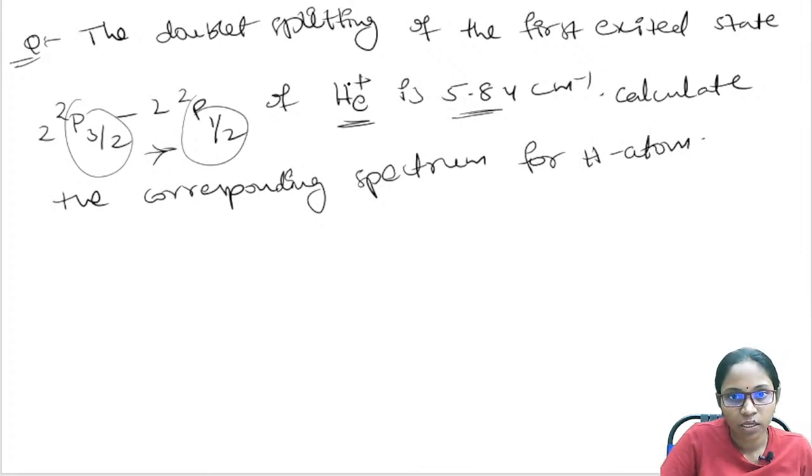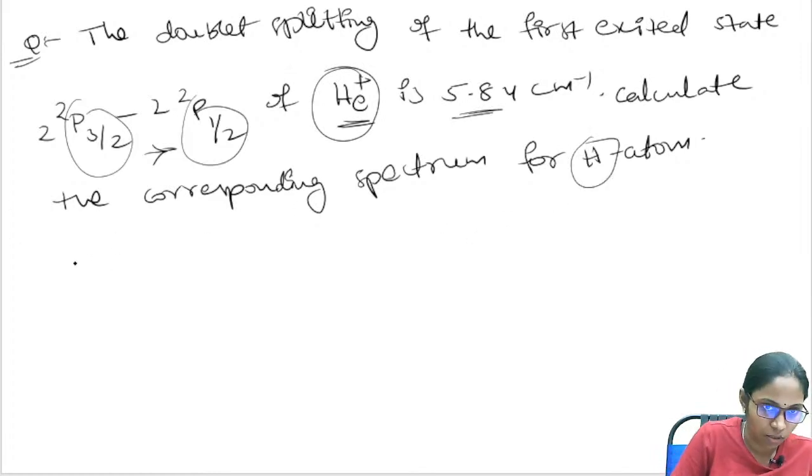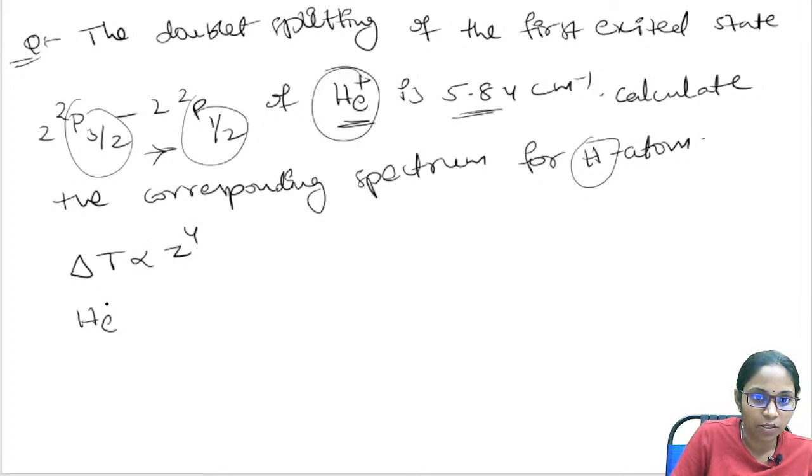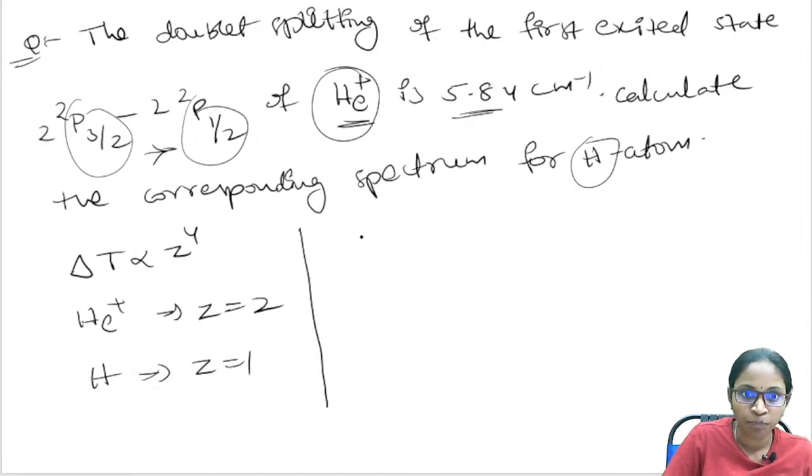In our question we have the term value for helium plus atom and are asked to find the term value for hydrogen atom. As we know, this term value is directly proportional to Z power 4. For helium plus, which is an ion, the Z value is 2, and for hydrogen atom the Z value is 1, as we have only one electron in hydrogen atom.